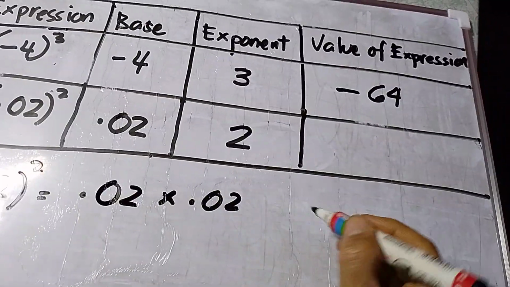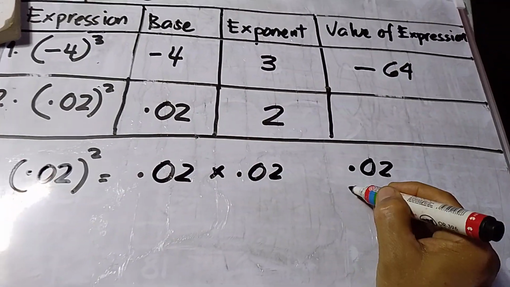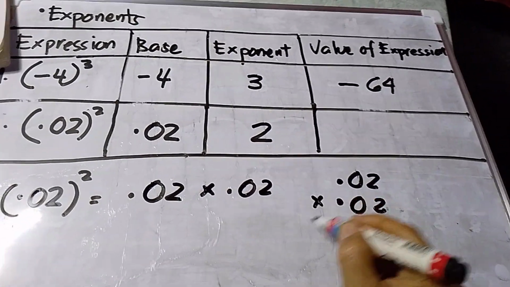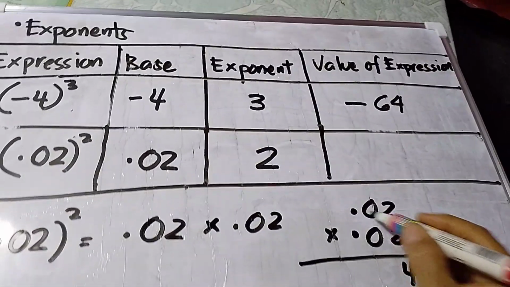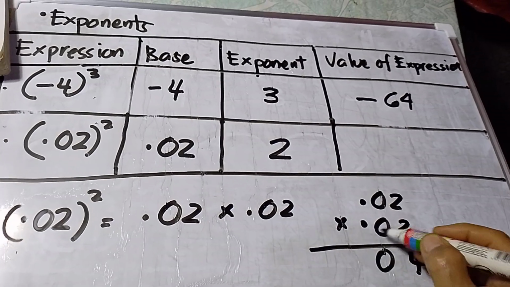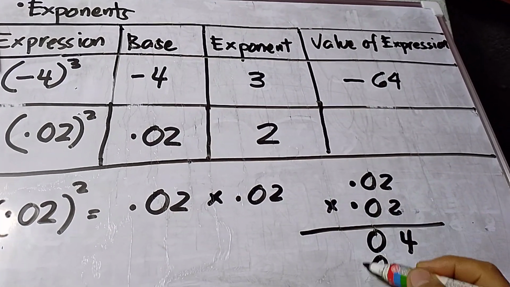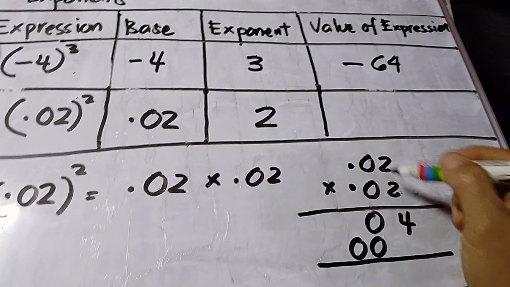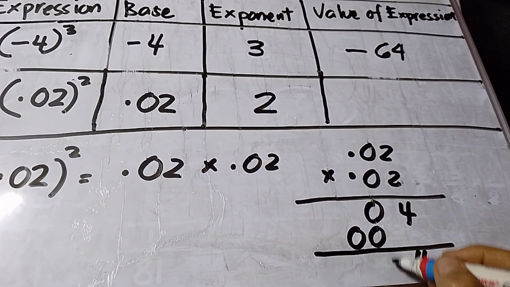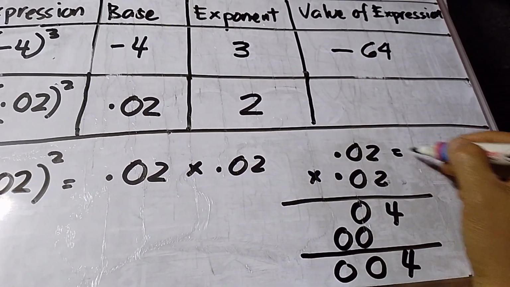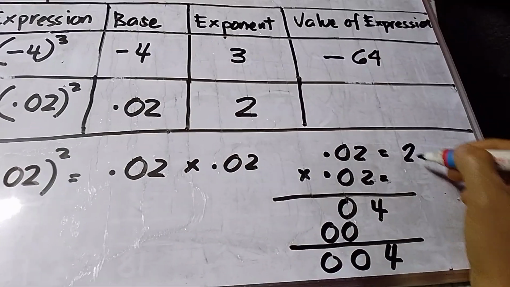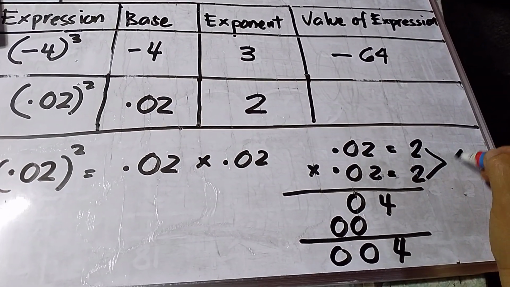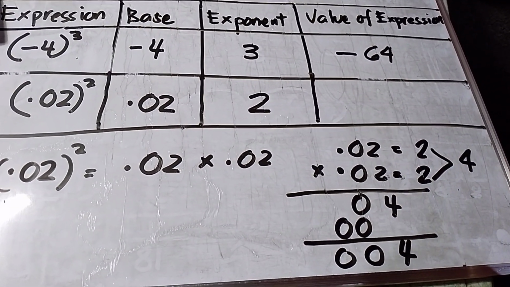So what is 0.02? So this will be 4, this will be 0, then this will be 0, and this will be 0. So sum it. So this will be bring down 4, 0, 0. So how many decimal places we have in here? So we have 2, and then 2. So therefore, there are 4 decimal places.